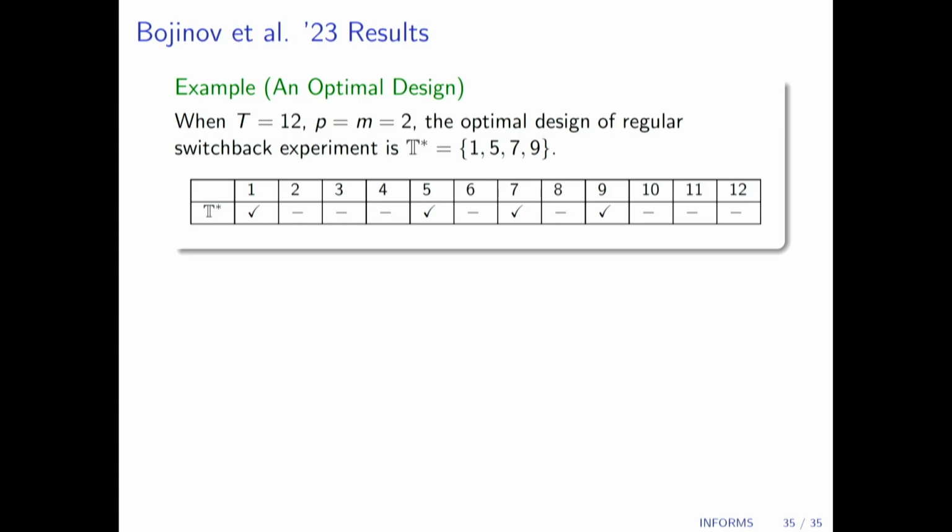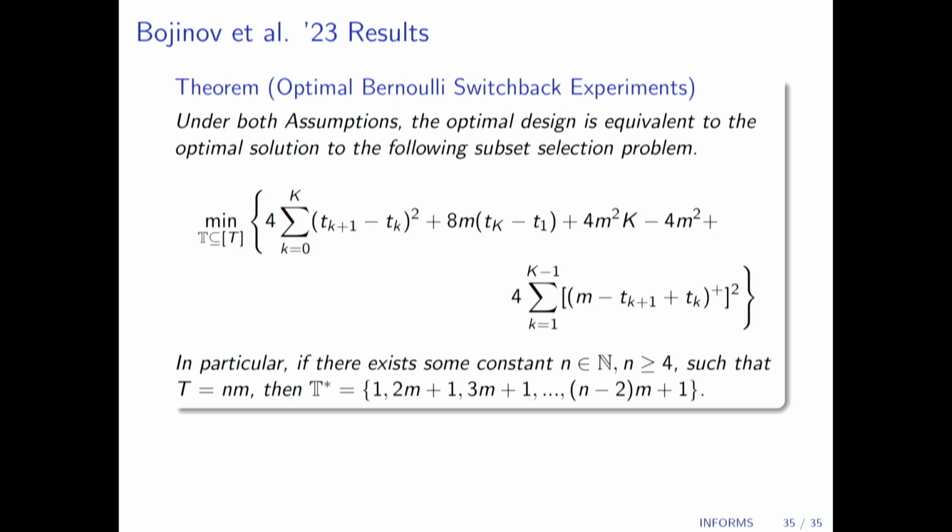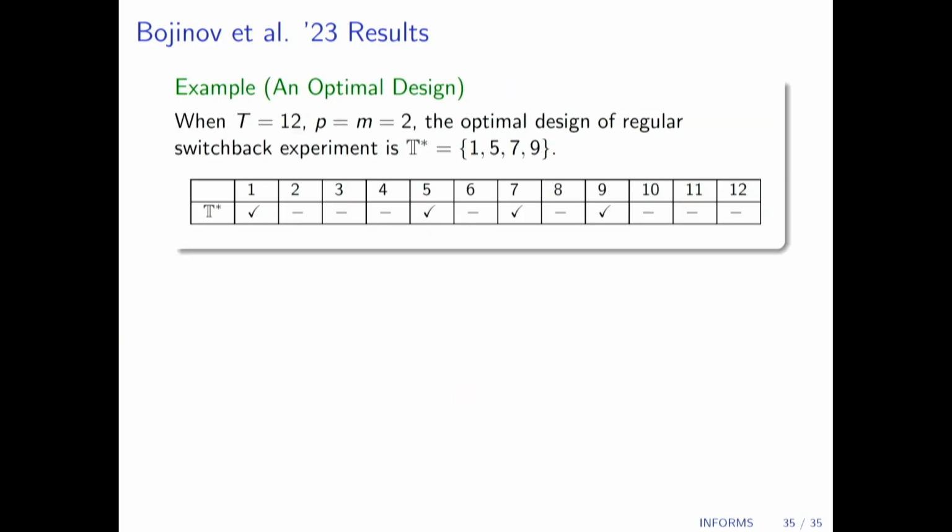And the first and the last chunks are boundary conditions, and the length could be different. In this case, they're equal to 4, which is 2 times as long as the middle length. So that's the structure of the optimal solution to the previous subset selection problem, and that solves the optimal design of switchback experiment.